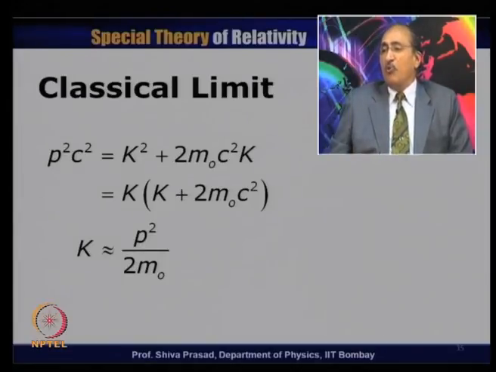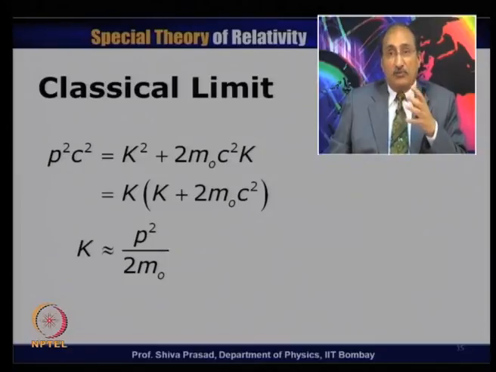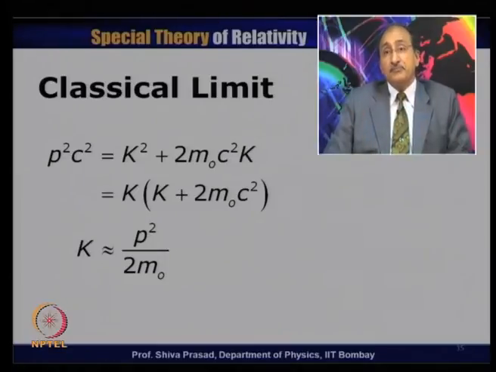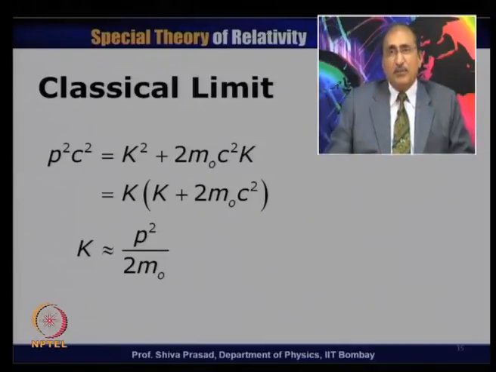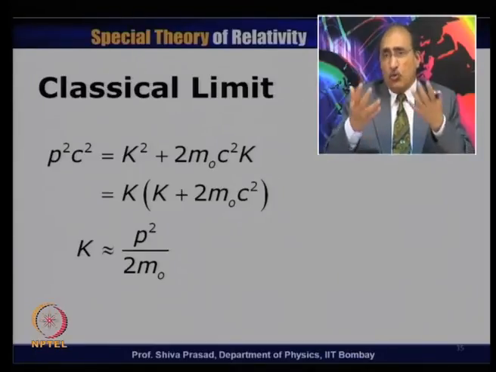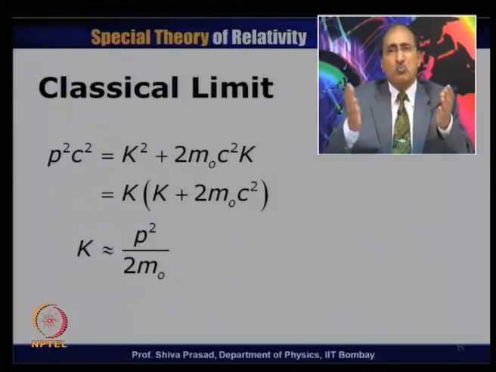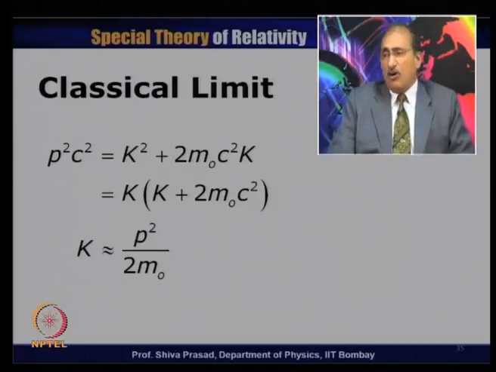This also tells me one more thing. Often people ask, when should we be sure that we should apply the special theory of relativity, otherwise we will make a big mistake, and when we need not apply it because we are really in a classical limit. If we are talking about velocities, we always say that gamma should be very close to 1. It means you must be talking much less than 0.1 c or of that order.